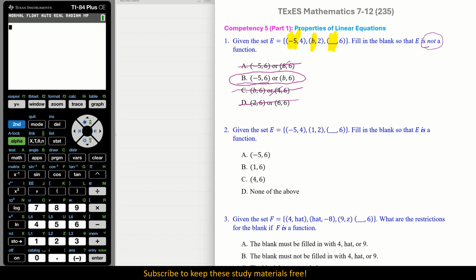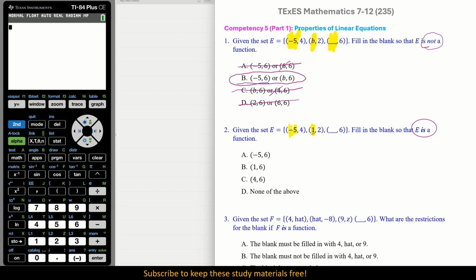Number 2, given the set E equals, and we're almost the same, except they changed B to 1. But it's the same difference. Fill in the blank so that E is a function. That means no repeating x values.